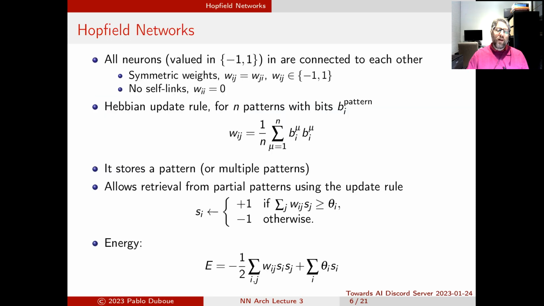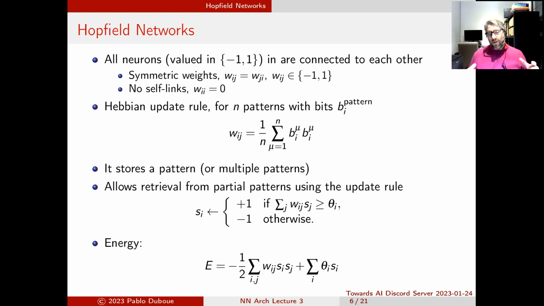So what this gives us is the possibility to store a number of patterns into the network and retrieve them by setting the neurons as an associative memory.